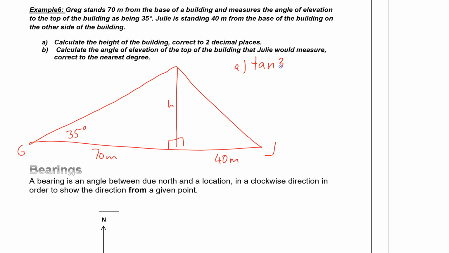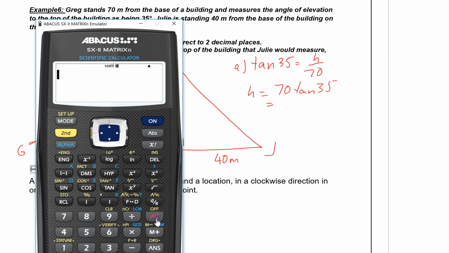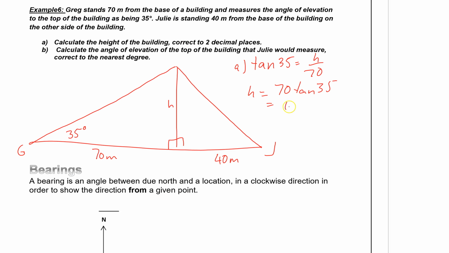Tan 35 equals h on 70, h is 70 tan 35, and it's 49 meters tall.